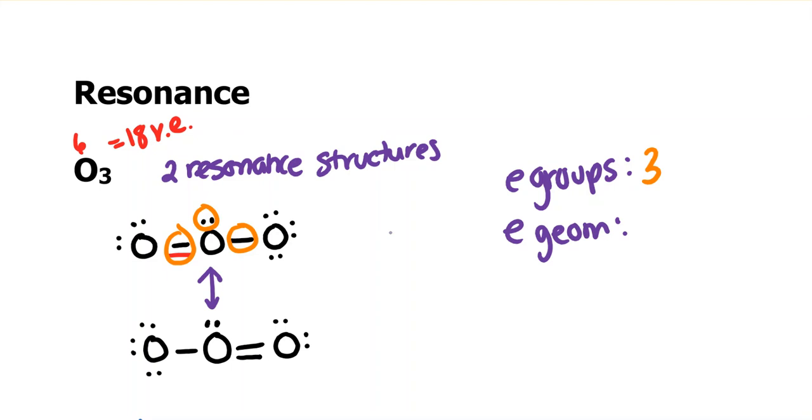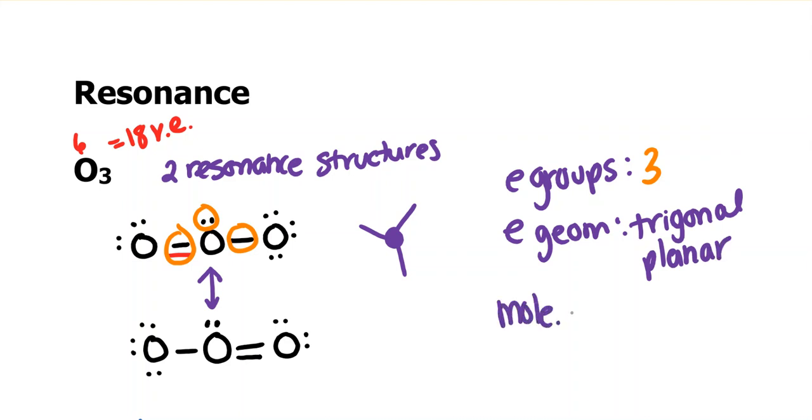Well, when you have 3 electron groups, you have the central atom, and then you have electrons going out in a triangle, but it's flat. So this is trigonal planar. The molecular geometry, now we have a lone pair on one, but the other two there are atoms.